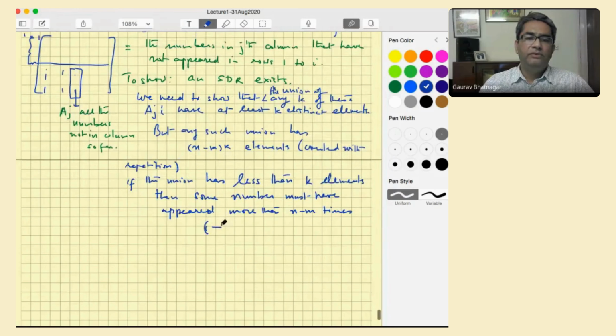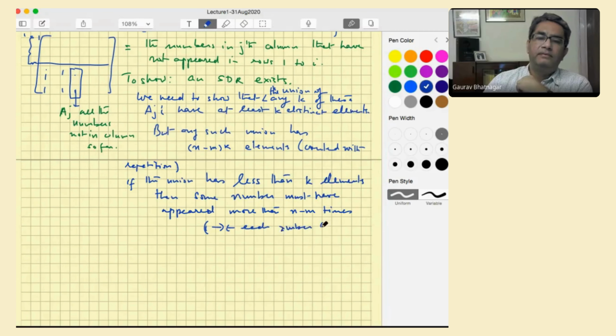So this is a contradiction because each number comes exactly m times in the first m rows, in the n columns.